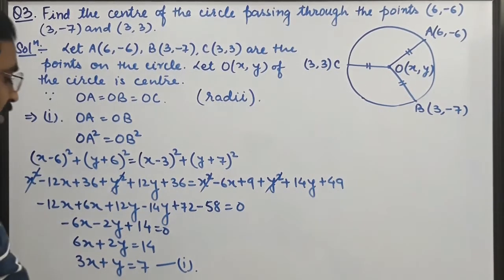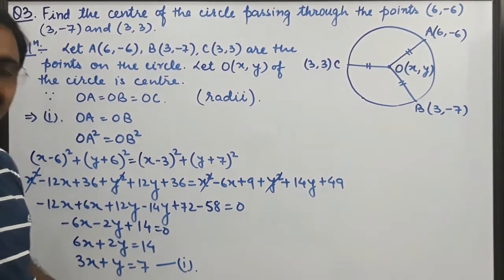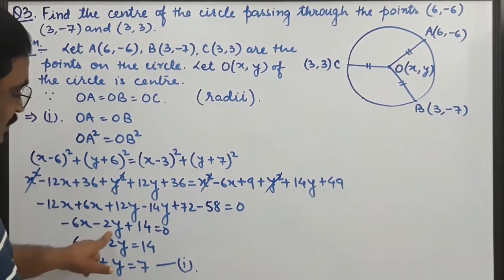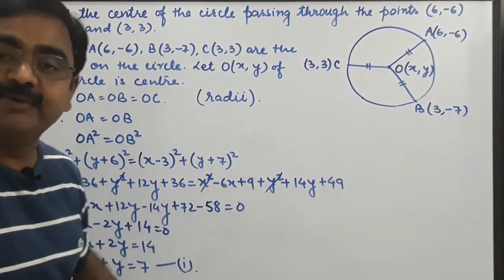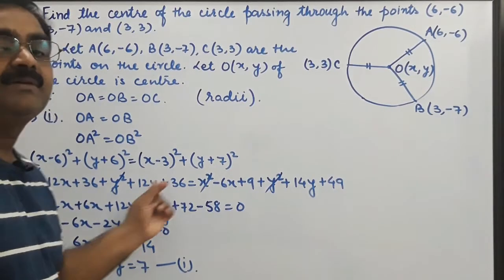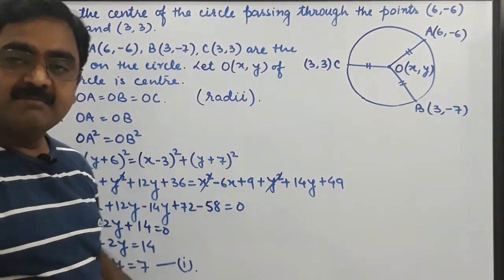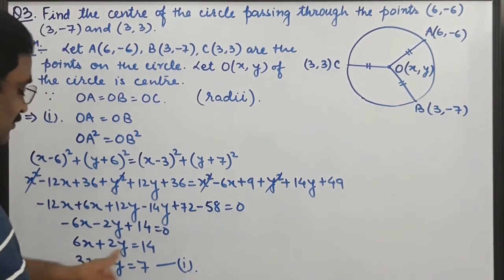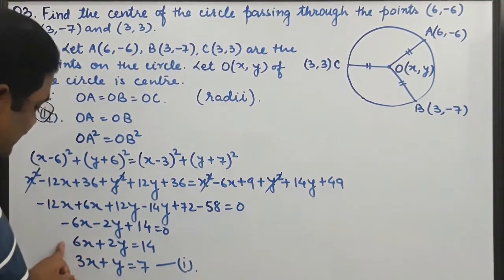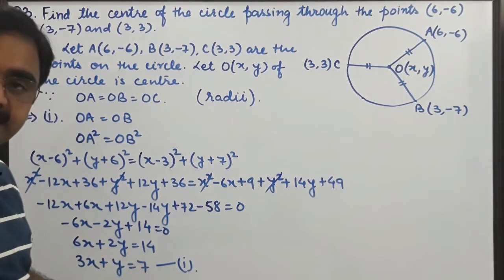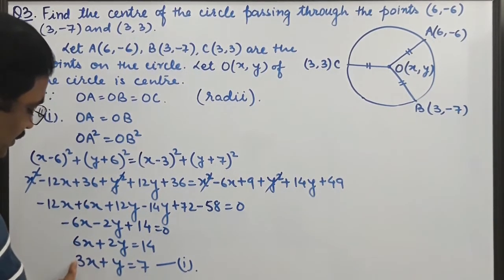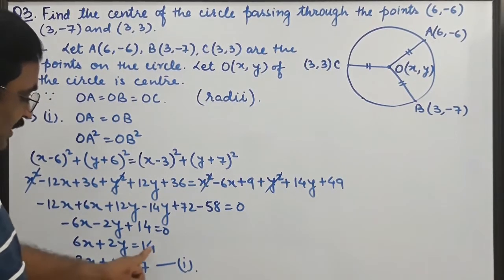Right? As this is equation number 1, here it was minus 6x minus 2y equals minus 14. When you take this plus 14 to the right side, it becomes minus 14. After multiplying by negative, all the terms become positive: 6x plus 2y equals 14, and divide this equation by 2. 2 3s are 6, 2 1s are 2 and 2 7s are 14.